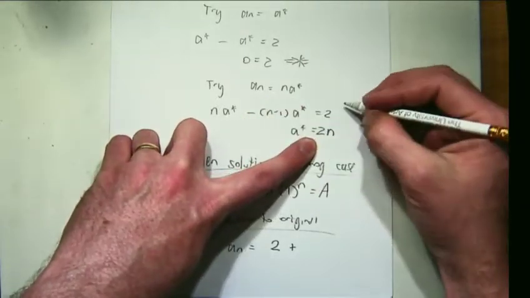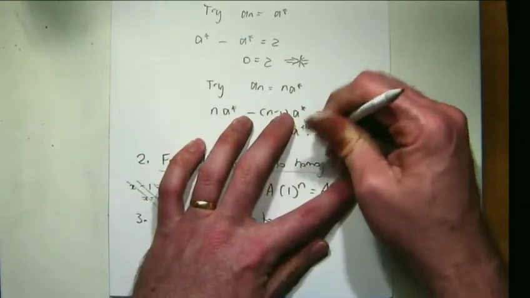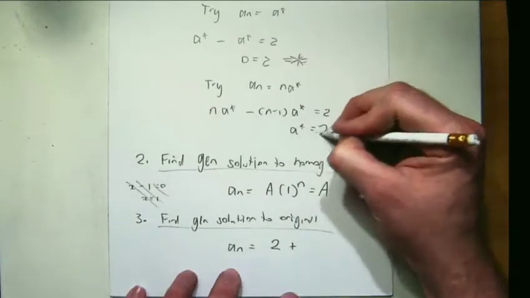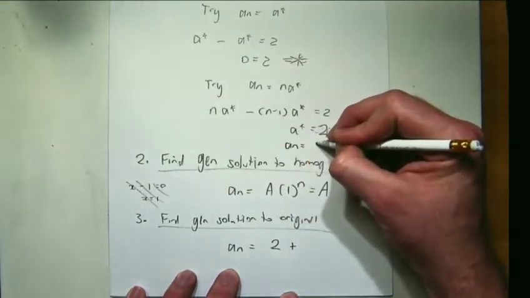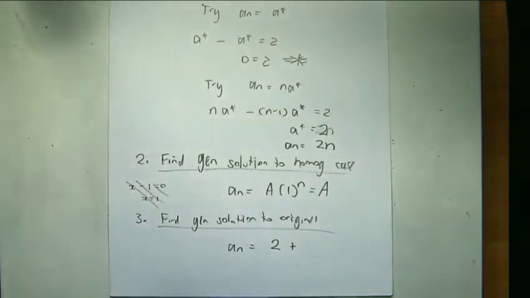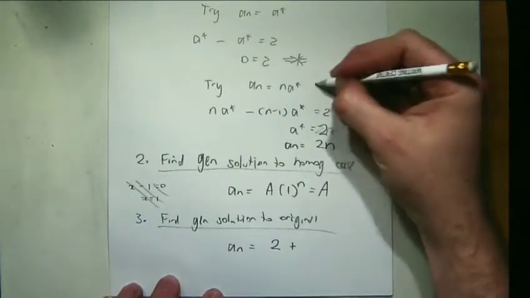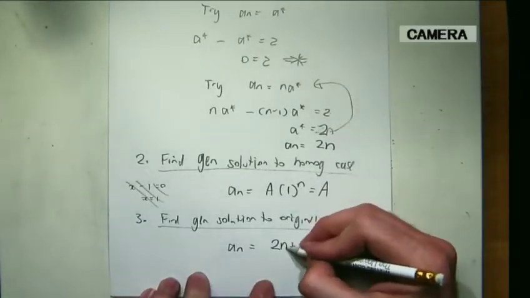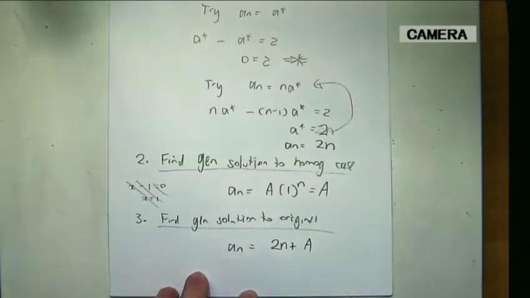Sorry about that. Yeah, the a star equals 2. So a_n is in fact 2n. Sorry about that. Didn't do that bit back there. See, I figured out the a star, but I had to sub it back in to figure out what a_n is. So it's 2n plus a.